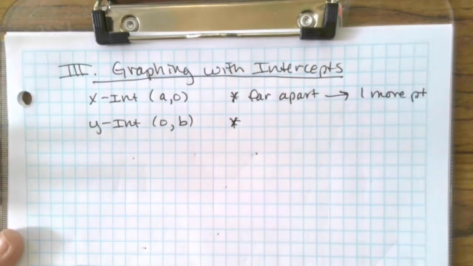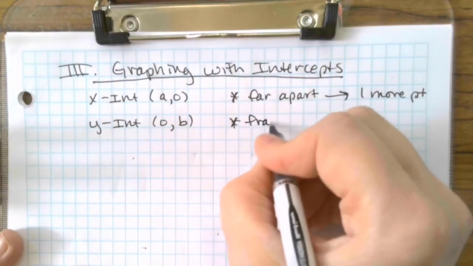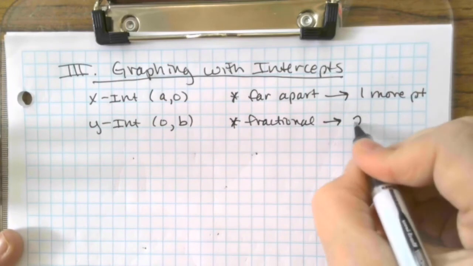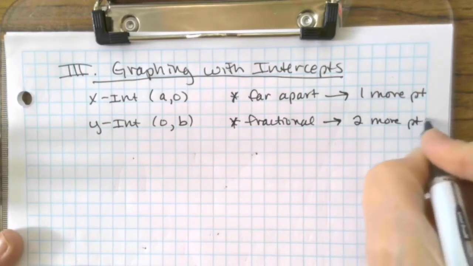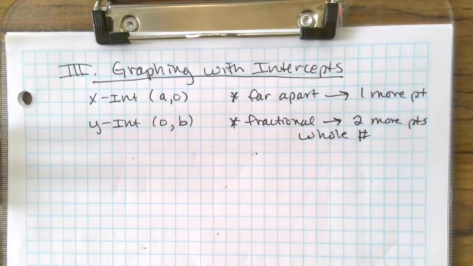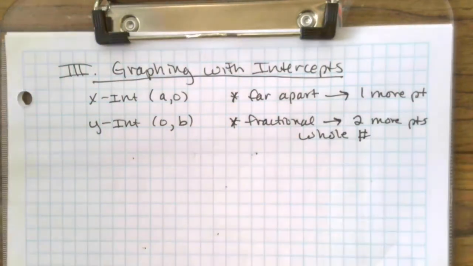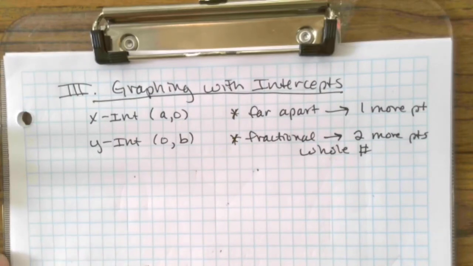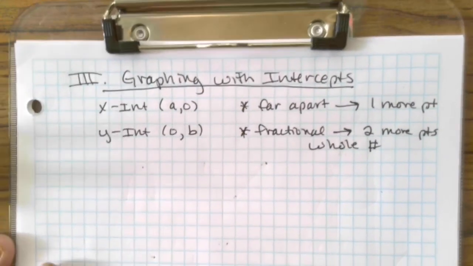If your x or your y are fractional, you can't get a good line off of that. You need to get at least 2 more points that are whole numbers. So it's a lot like graphing a regular line. It's just you have to make a few adjustments to how you do your graph.